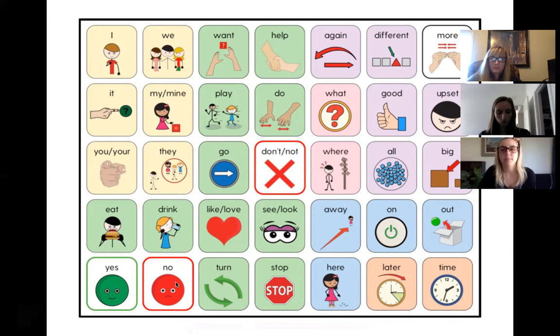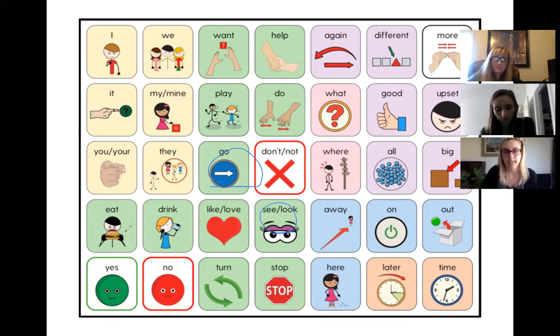So you're modeling these words as you're communicating with your student. So you're pointing to the words as you're communicating with them. So we're going to go to Costco. Okay, we're going to eat a hot dog. Oh, look, see the customers.